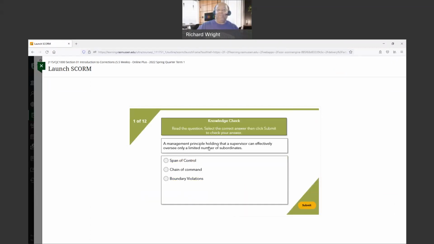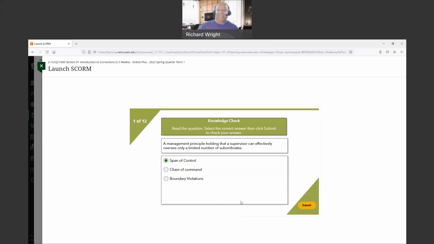A management principle, and you'll be able to discover this from your reading. There are 12 of these, holding that a supervisor can effectively oversee only a limited number of subordinates. Is that chain of command, boundary violations, or span of control?